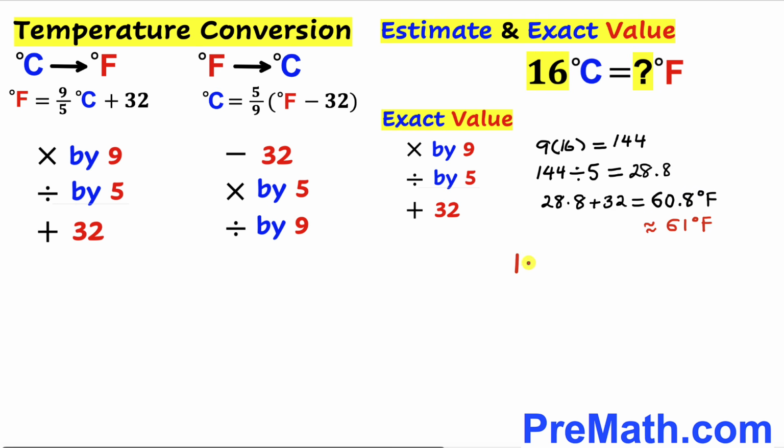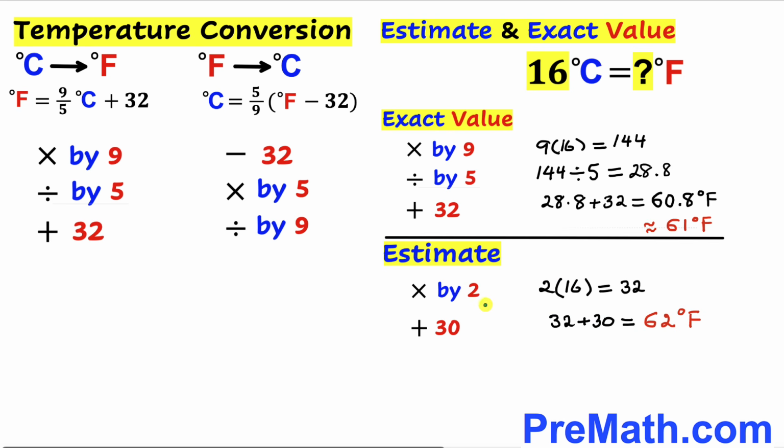If we put this number 16 the other way around, we are going to get 61 degrees Fahrenheit. And these are our magic numbers. So therefore 16 degrees Celsius is going to be equal to 61 degrees Fahrenheit. And if we do the estimate, we are going to follow these steps. And our estimated value is going to be 62 degrees Fahrenheit.